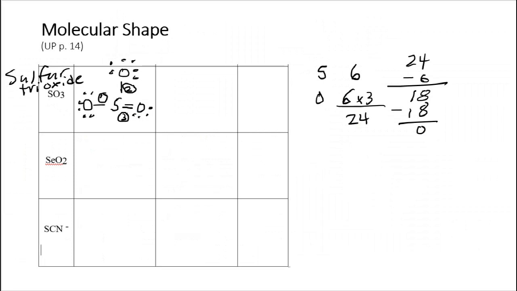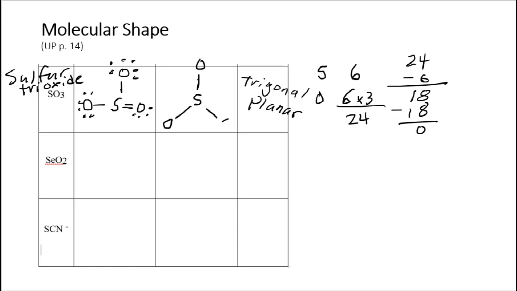Let's go back here. I'm going to get rid of those numbers, I think. Okay. So this is trigonal planar. There we go. And the shape of this is like a 3-pointed star. We've got the sulfur in the middle, and we got an oxygen on the top. It's planar, trigonal planar.